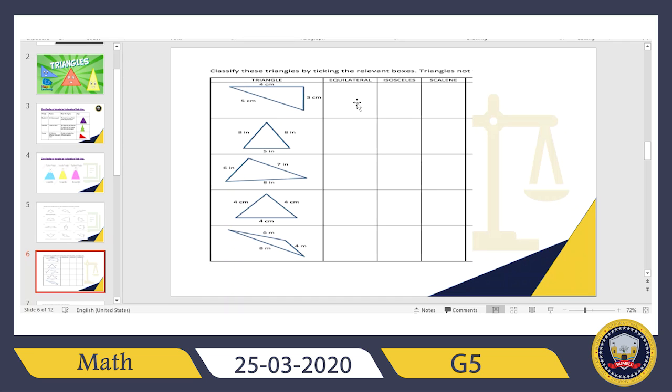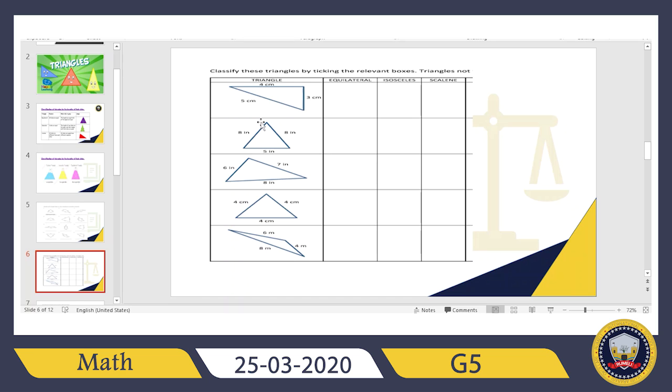So is this an equilateral triangle, isosceles triangle, or scalene triangle? All the sides are different in their length. Yani, there are no equal sides. So is it equilateral, isosceles, or scalene? Yes, it's a scalene triangle. So I have to tick here in the last box. What about the second triangle?